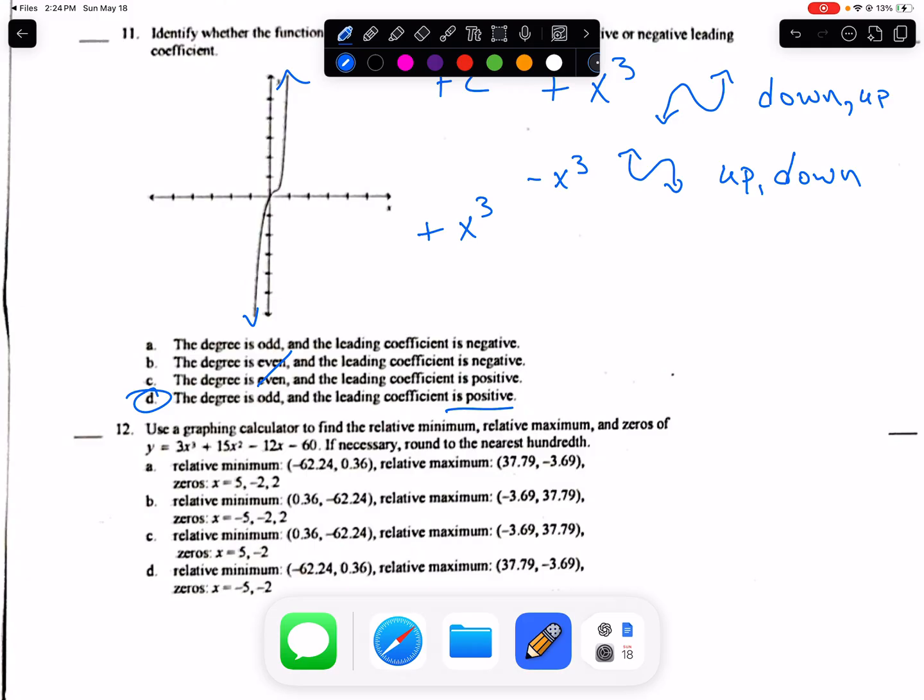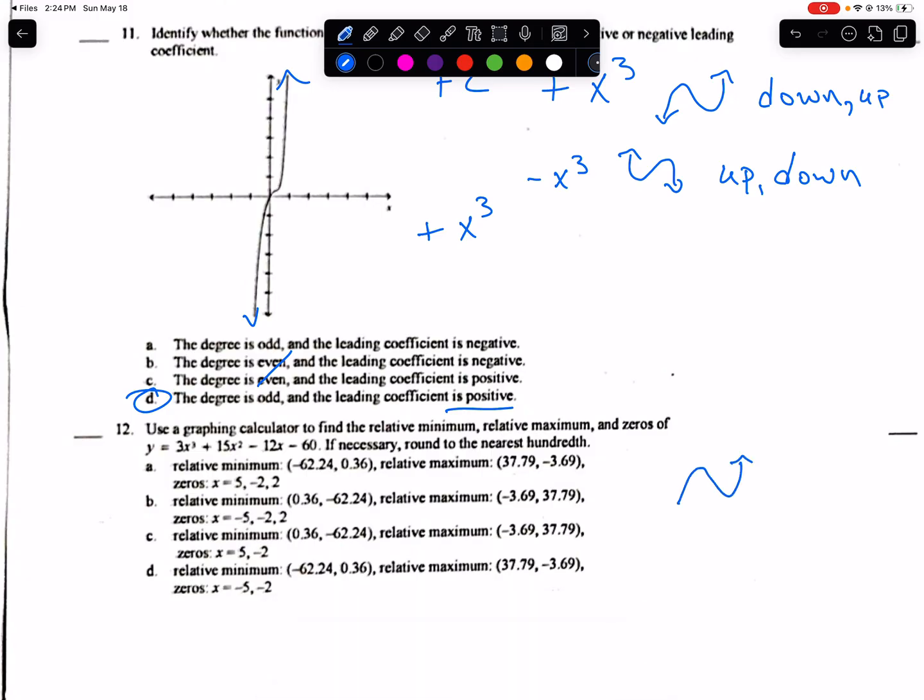Okay. This one is positive cubic, so it's going to look like this. Right? So you're going to have a max here and a min here. So you put the cursor, we'll just do a quick thing, cursor there and there. It asks you left bound, right? And then you hit the right arrow to move it over here to the right bound.